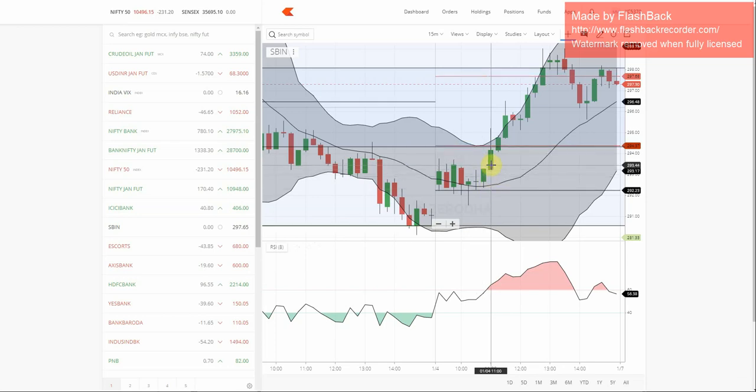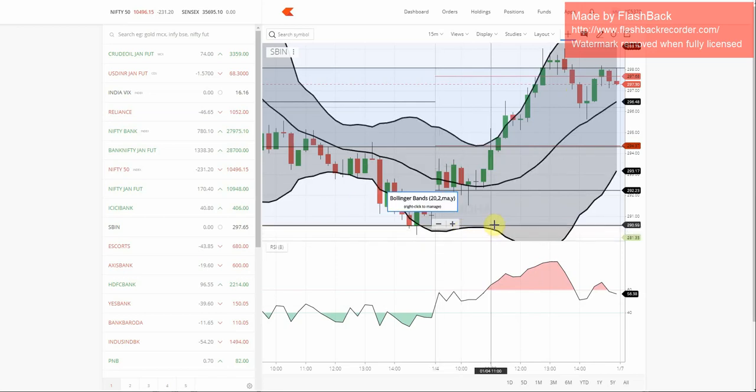It has actually gone from say 293 to almost 299. So a 5-6 rupees move in an SBI kind of stock is very, very big. So this is one way of looking at a scalping strategy.